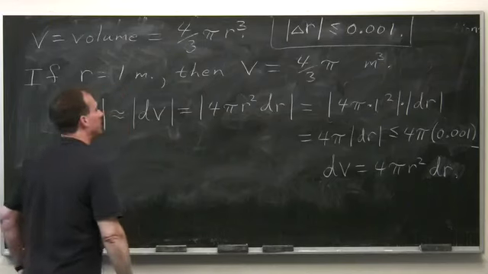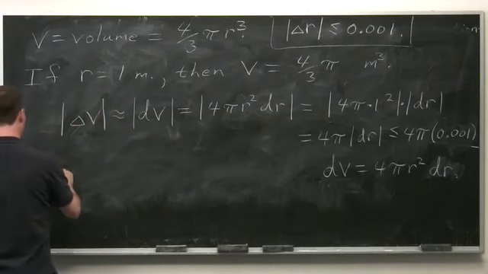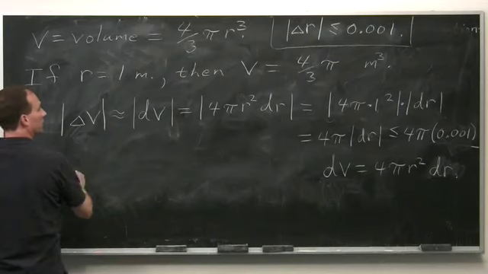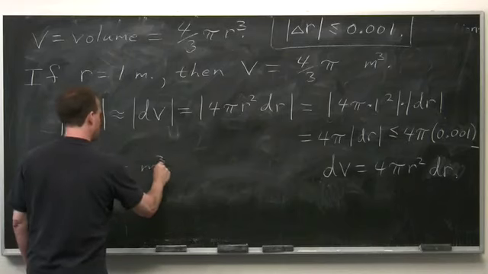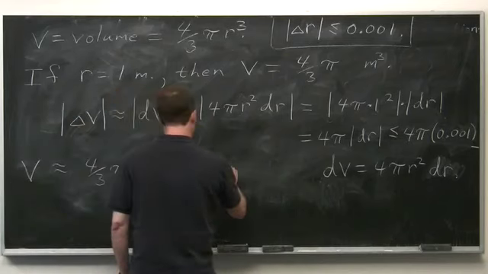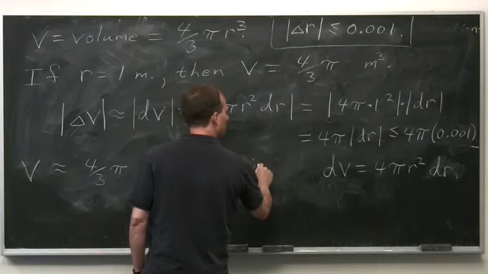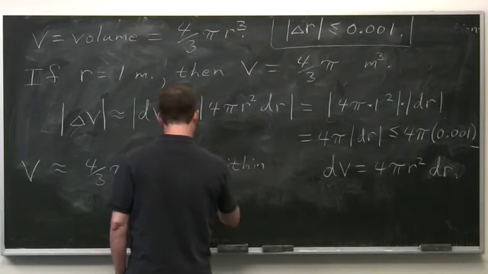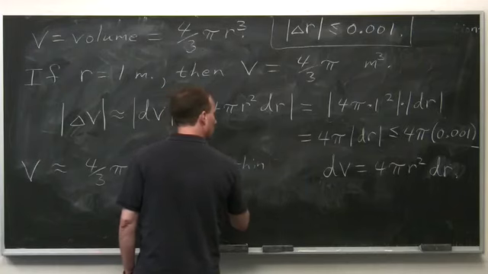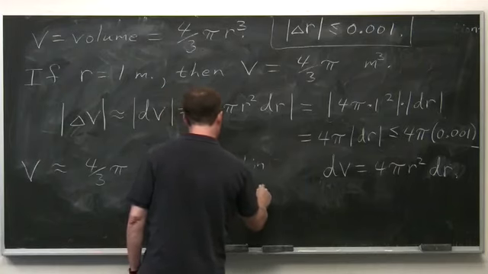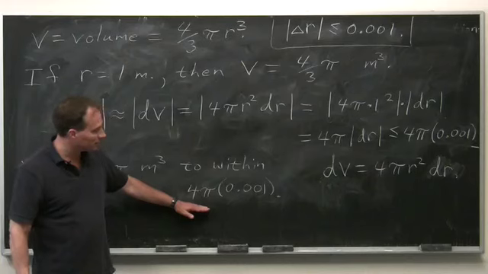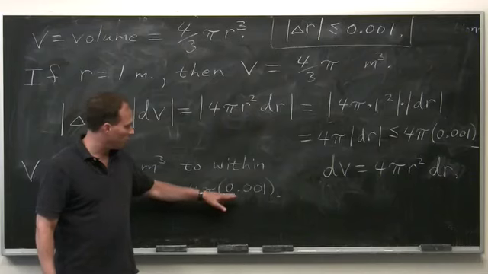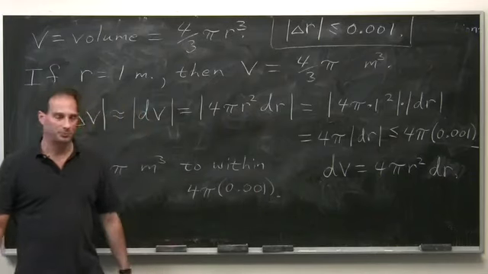So we get that the volume is approximately 4/3 pi cubic meters to within 4 pi times 0.001. You know, we could get out a calculator and do this, but this is about 12. So it's approximately 0.012.